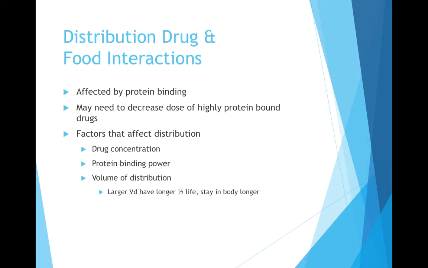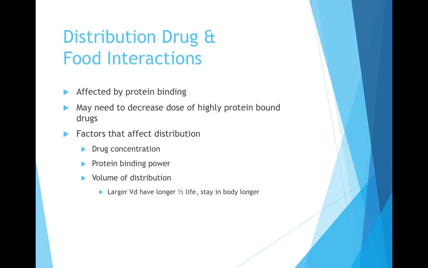You have a lot of information about this also in your textbook. Pages 24 and 25 talk about this. Sometimes the larger volume drugs have a longer half-life and they stay in the body longer, and that can impact the therapeutic effects on the body.